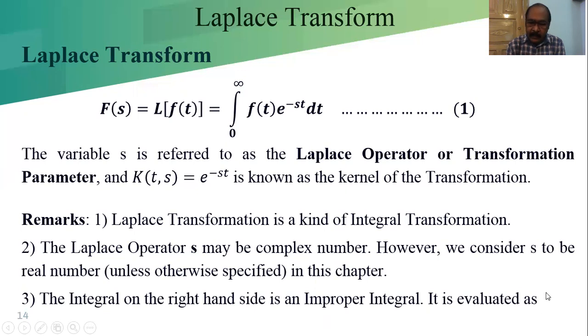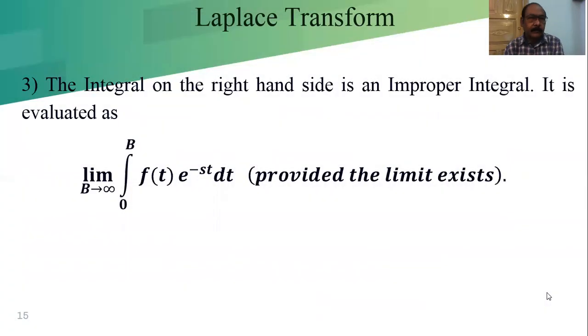It is evaluated as a limit. We know how to find the improper integral. In this case, the upper limit is infinity, so we can replace the infinity by b and take the limit b tends to infinity of the integral of f(t) e to the power minus st, provided the limit exists.